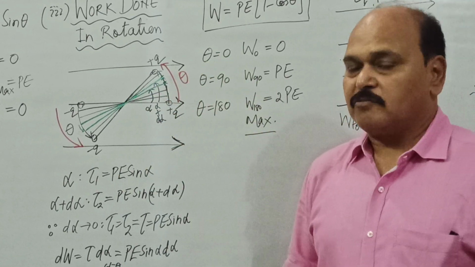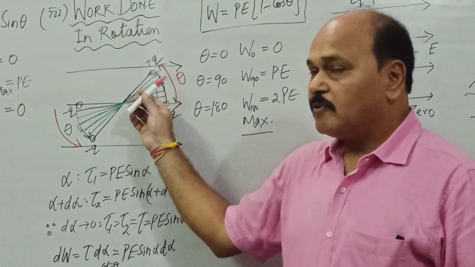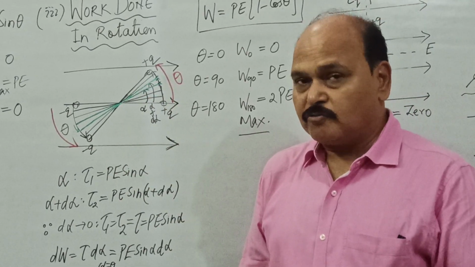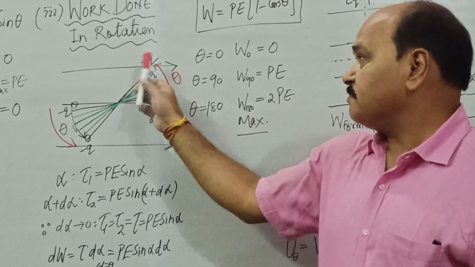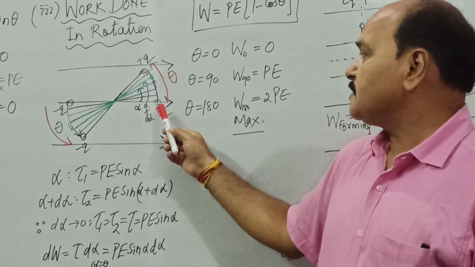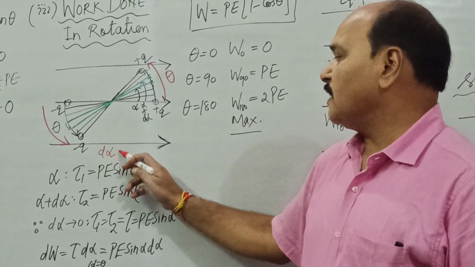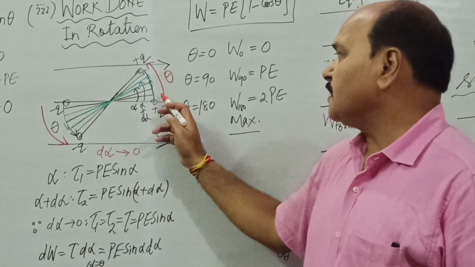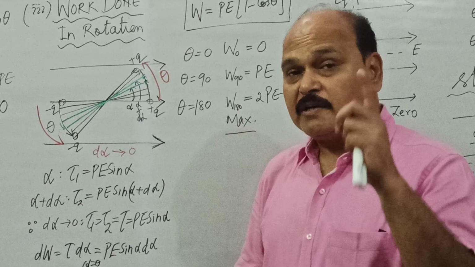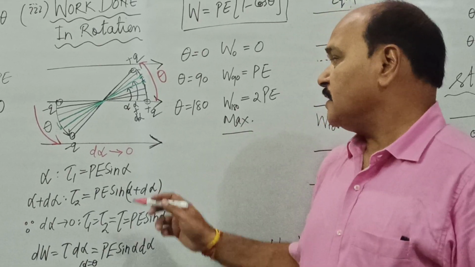We are going to work it out. Since the torque as we rotate the dipole is variable, what are we going to do? We divide this total angular displacement theta into an infinite number of infinitesimally small angular displacements d alpha each. d alpha tends to 0.